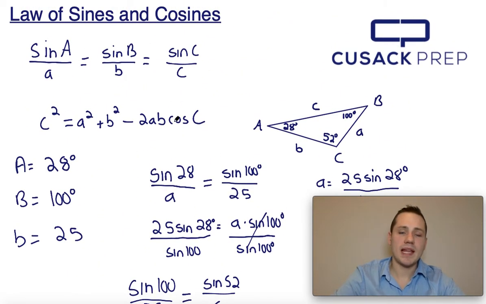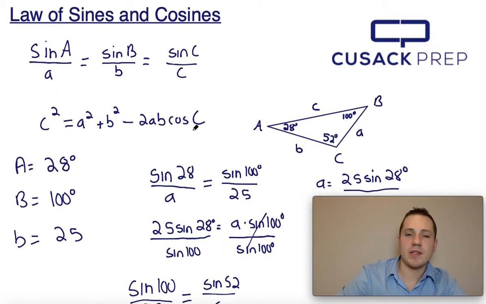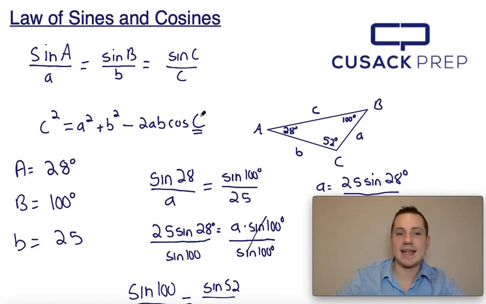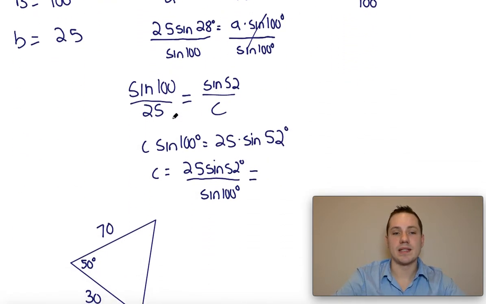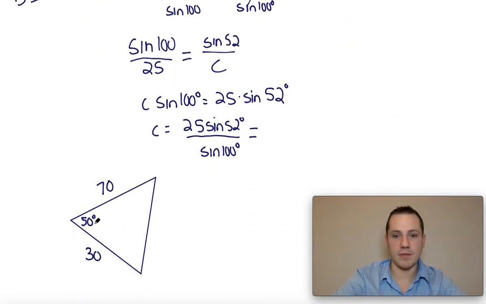Now, when looking at the law of cosines equation, it's important to note that this angle right here is angle C. This over here is side C. So if we're going to use this equation in the form that it's in, we need to make sure that we let the angle be the angle that is known.